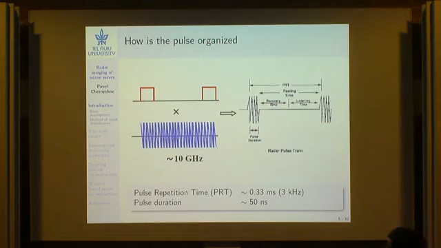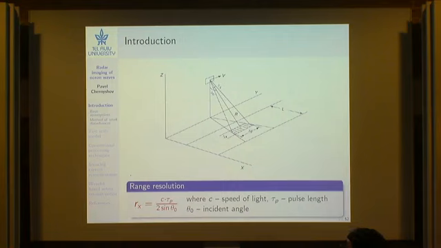Pulse repetition frequency is around 3 kilohertz. And so, for the range resolution, we have the following expression. C is the speed of light, this is the pulse length, and theta is the incident angle.